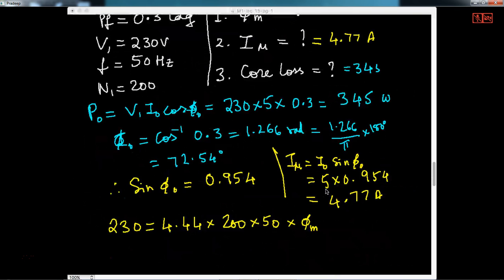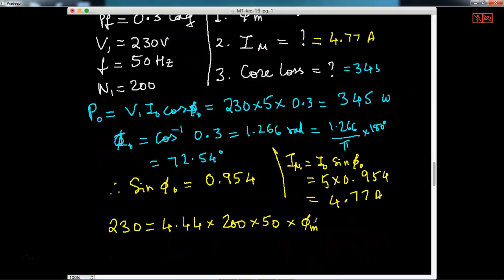Let me quickly calculate that: 230 divided by 4.44 multiplied by 200 turns multiplied by 50 hertz.